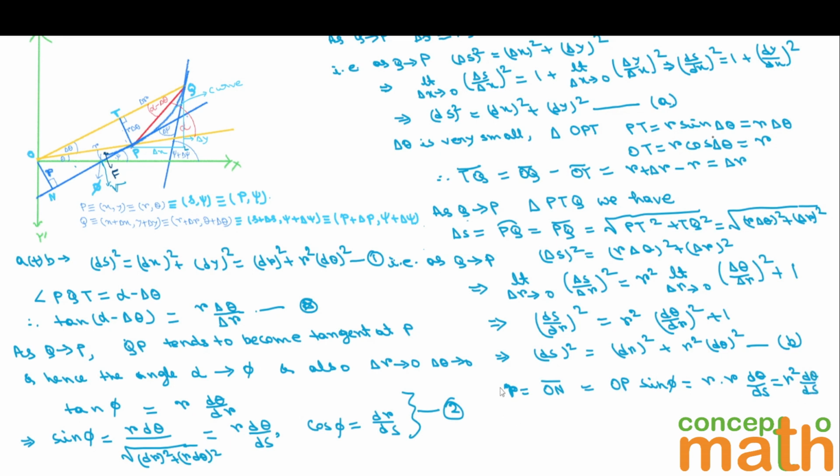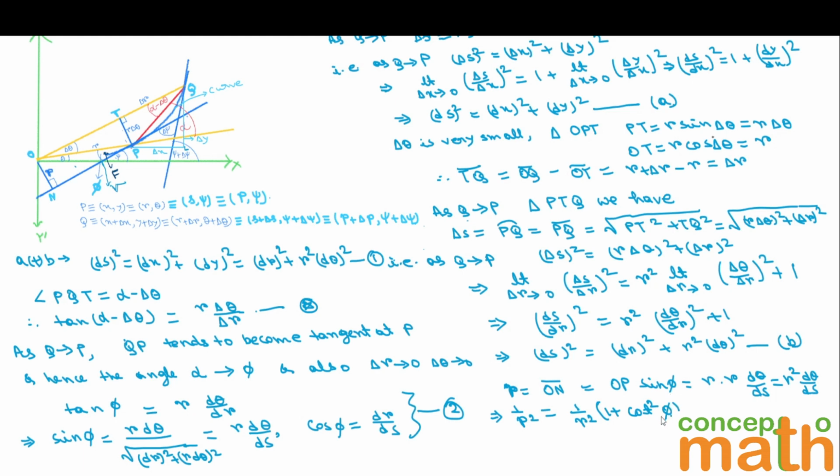And from here we can write that 1/p^2 is equal to 1/r^2 cosec^2 phi, because OP is r, and cosec^2 phi is nothing but 1 plus cot^2 phi.